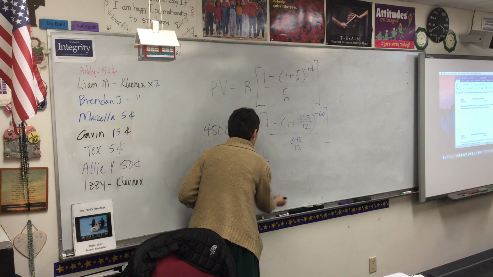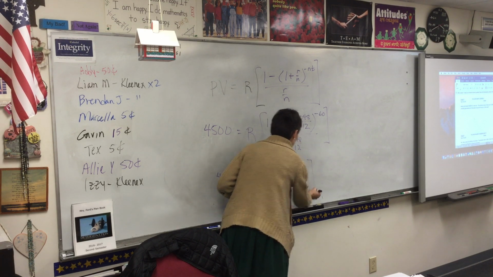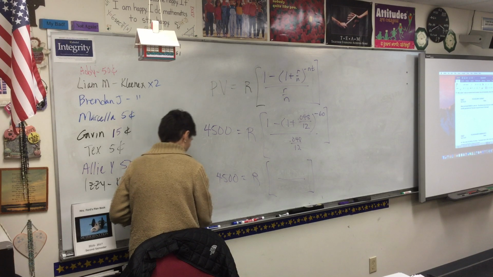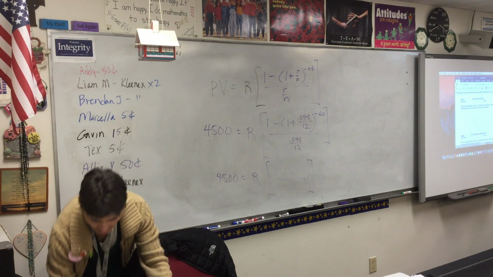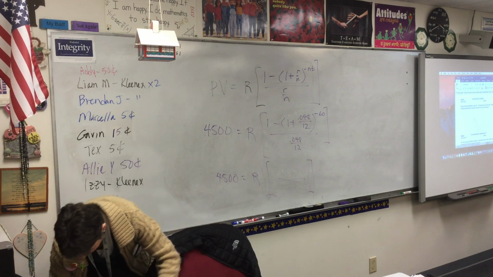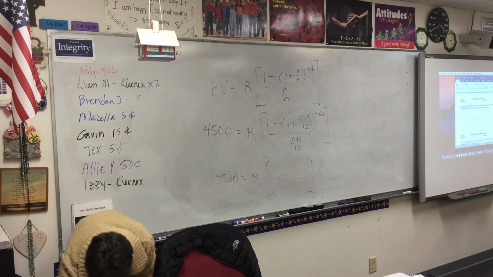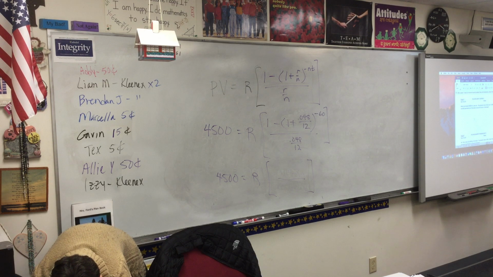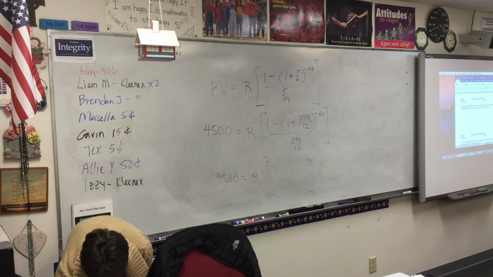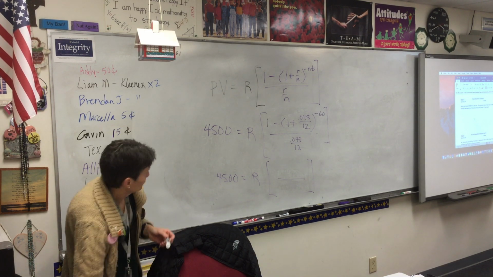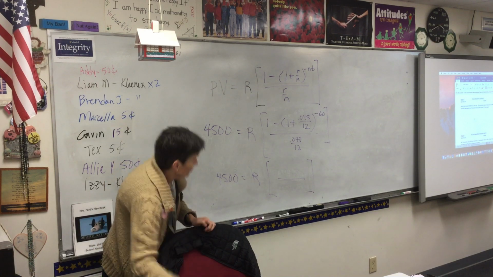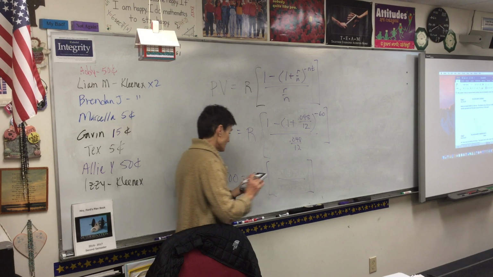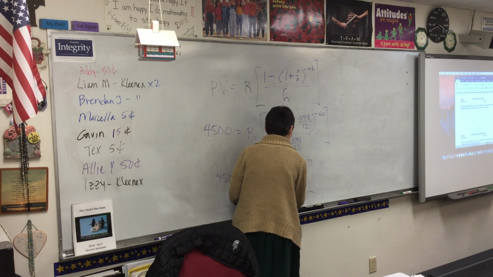I'm going to go ahead and do my denominator. Get that taken care of. What is that? 0.004. Should be a nice number, 0.004.